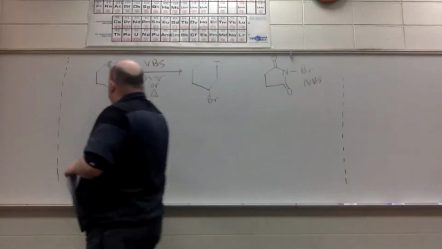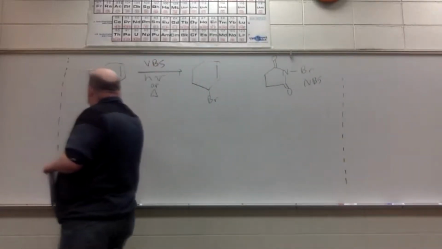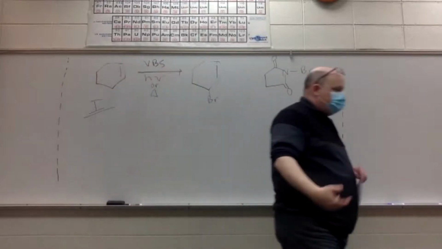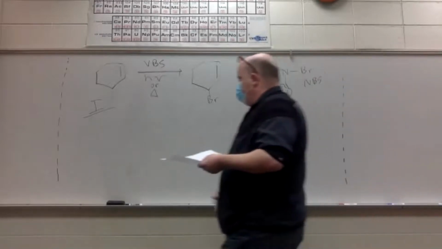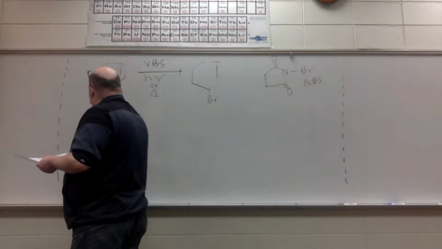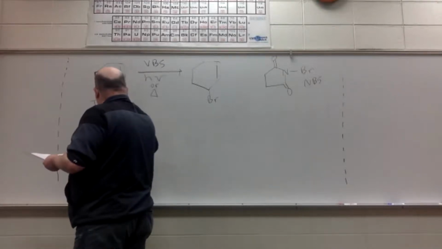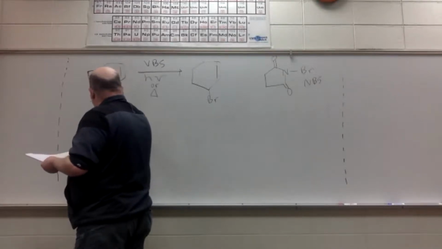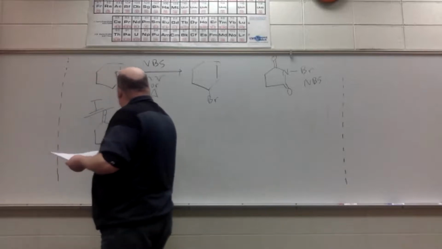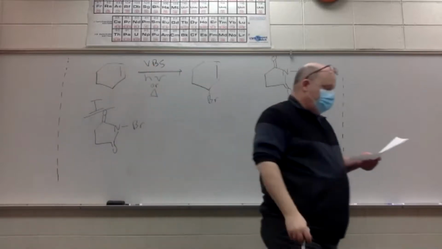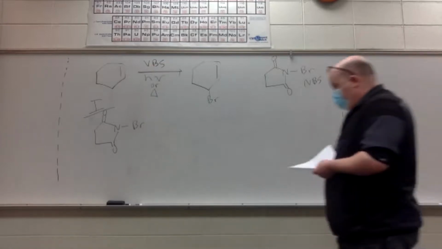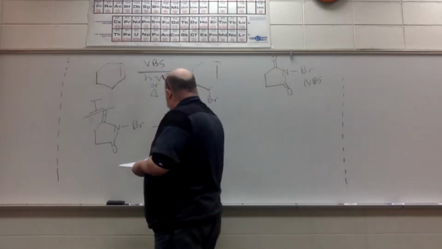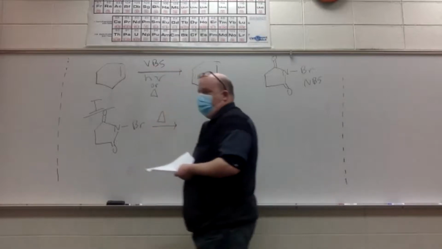Just like any of the other radical processes, we have initiation, propagation, and termination. Let's take a look at initiation. In initiation, we have to form radicals, and you're going to do this off of NBS. Let's just say we have some heat.